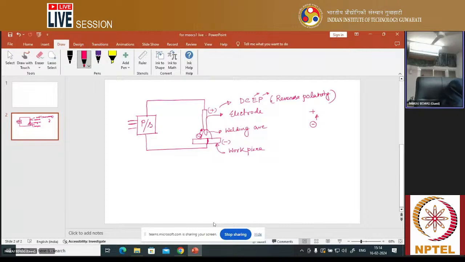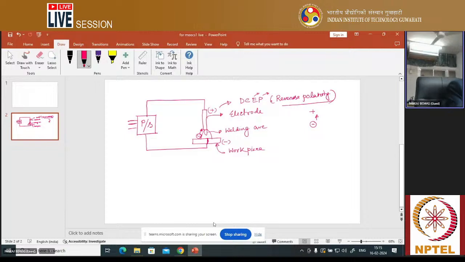Now what happens? In case of reverse polarity, what things take place? Because the electron is negative and the positive terminal is the electrode, the positive is attracted by the negative thing. That is very common, correct? So that's why it is called reverse. In reverse polarity, these electrons move towards the electrode, and once they hit the electrode, a bombardment phenomenon occurs.